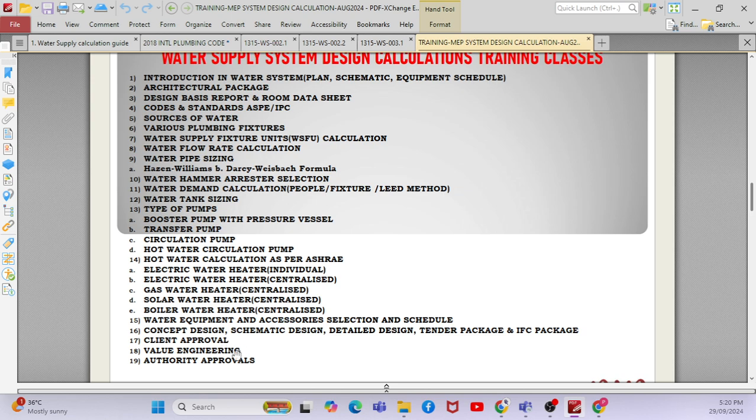If required, you will do value engineering. Once you comply with all the comments, you will go for authority approvals to get water connections, and then comply with all the comments. Then you will release it as the IFC package, the final pack, which you release to the contractor for constructing the project. Is everyone clear?